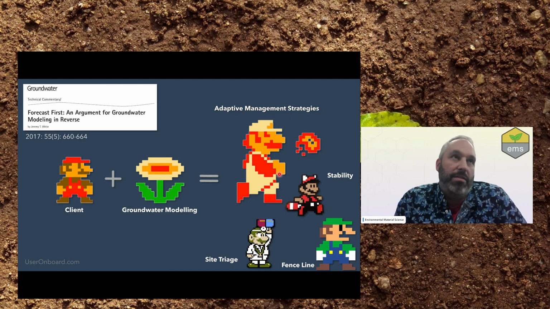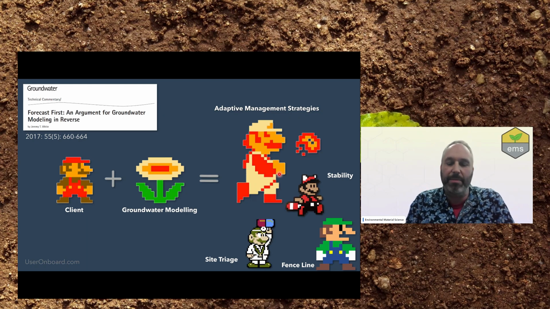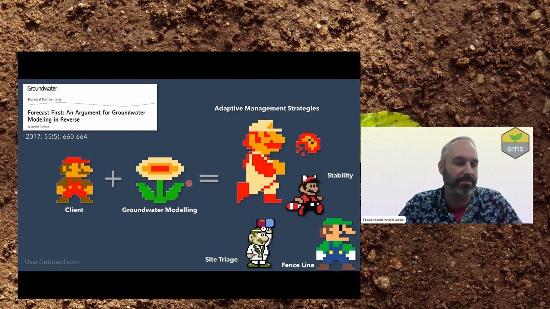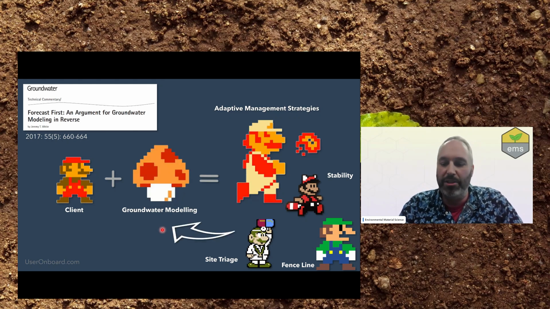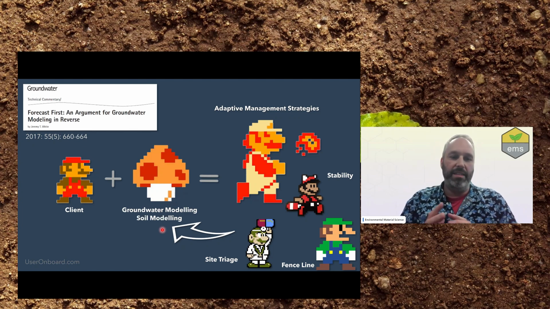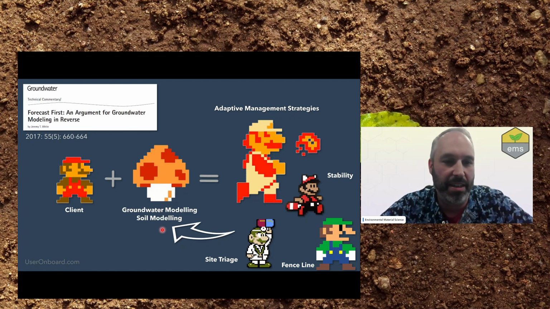We can't sample all of our sites, we just need a couple. So there's going to be a different objective depending on the site, and that conversation should really happen first, before any modeling even gets started. If you need a mushroom but you've built a flower, then that's not going to be helpful. And then hopefully by the end, you'll be convinced that any groundwater model should really incorporate soil modeling as well.